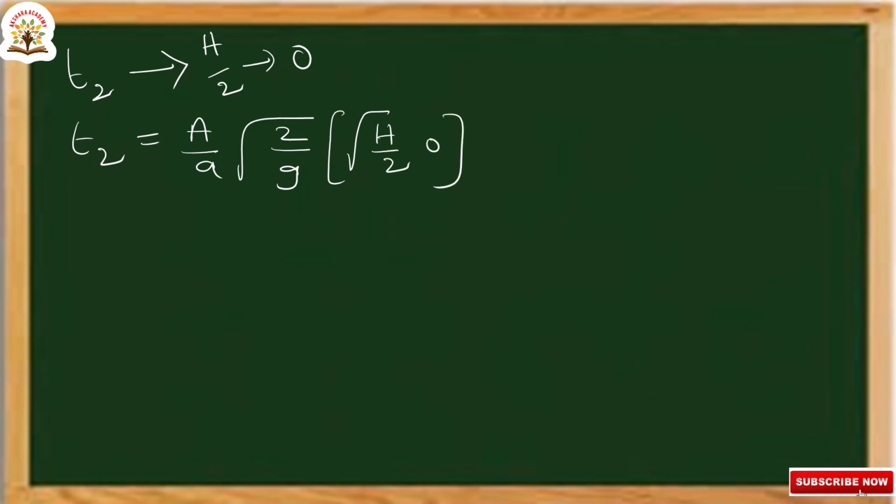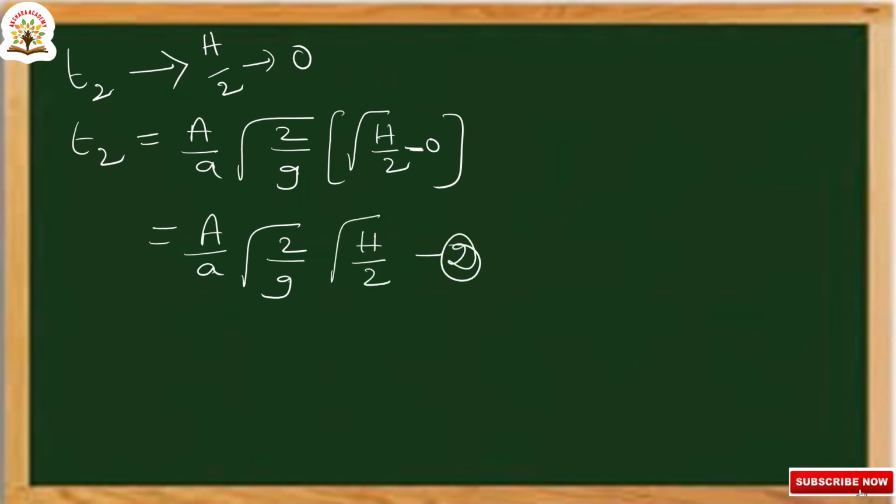So this can be written as A by a into root 2 by g, root H by 2 minus 0, root H by 2. This is equation number 2.